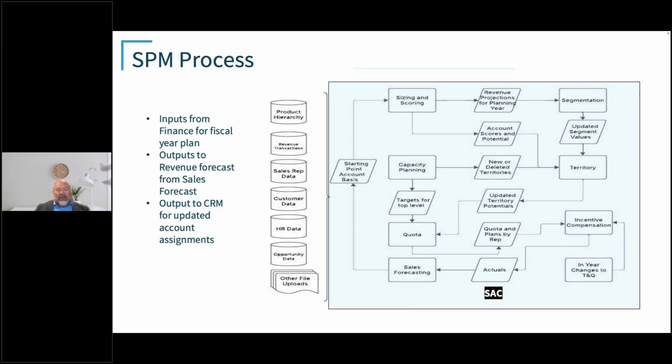But in capacity planning, what you're looking at is, how many heads do I have in each of my areas, what's their productivity, and what do I need to do in order to meet the numbers? So say I have 10 enterprise reps, and my number given to me from finance is, let's say, $1 million for those 10 reps.